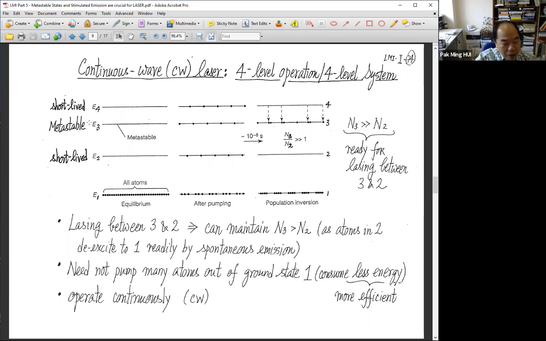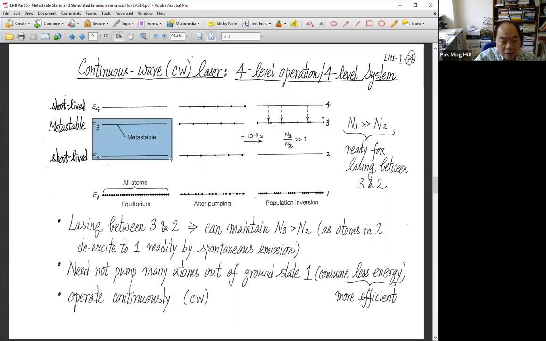So the idea now is not to use 3 levels, but to use 4 levels. But 4 is just a name. Usually, again, this may be a group, all right? The idea is not to use the ground state as the lower level of the lasing process.